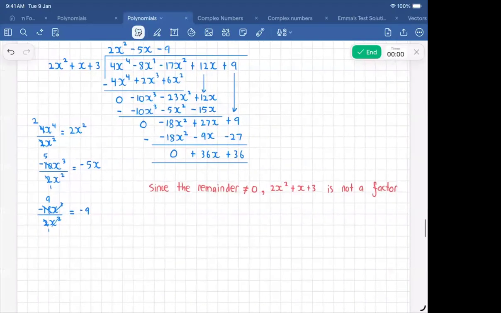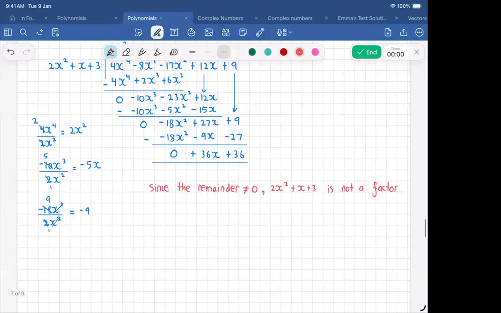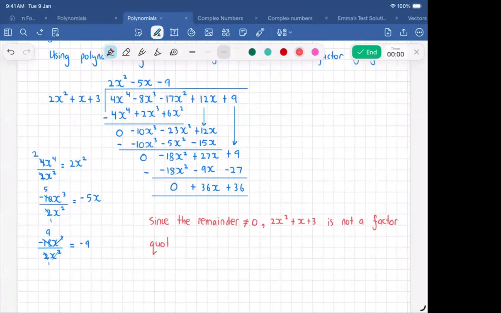And while we're at it, let's just state the quotient and the remainder. So in the end, what did we get the quotient to be?